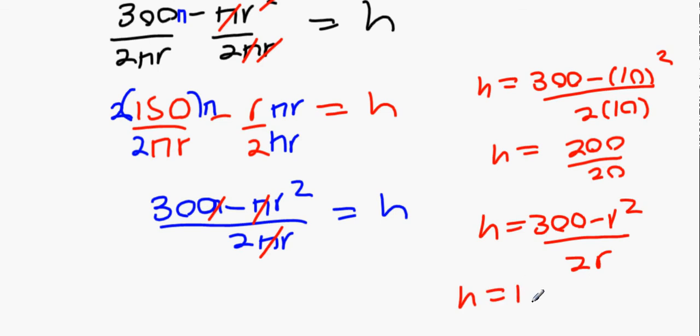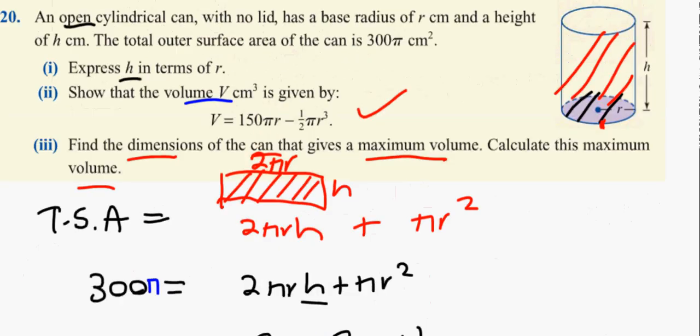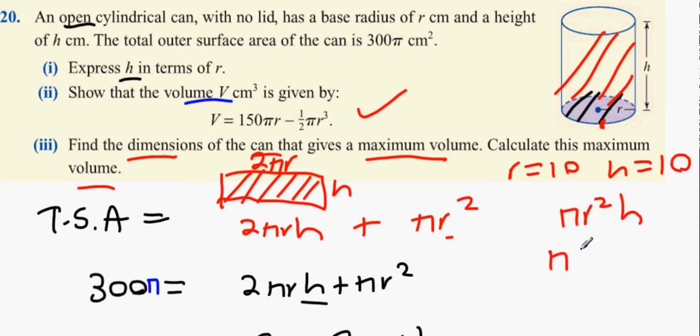H is also going to equal 10. So r equals 10, h equals 10. Now we have to find the maximum volume. The maximum volume is pi r squared h. It's going to be pi times 10 squared times 10. It's going to be 1000 pi.